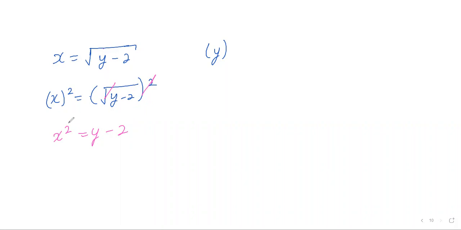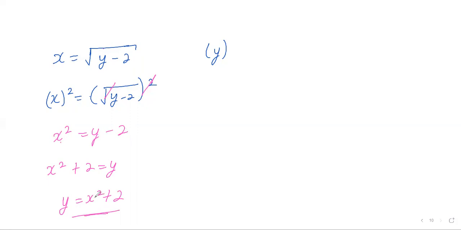Now this square cancels the square root, so I am left with x squared equals y minus 2. I've still not finished because I want to make y the subject. So I move this 2, which is positive, over to this side. I get x squared plus 2 is equal to y, and I say y is equal to x squared plus 2.